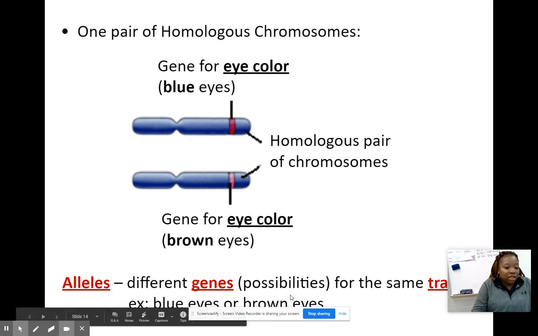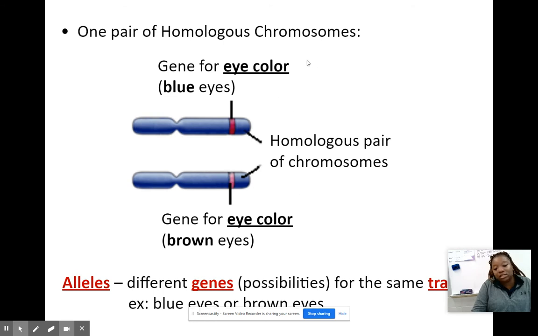Alleles are different genes for the same trait. So when we're talking about the trait for eye color, we're talking about alleles because you got one from your mama, one from your daddy, and one is dominant, one is recessive, and one will overpower the other, and that's what you're going to end up seeing in the person.